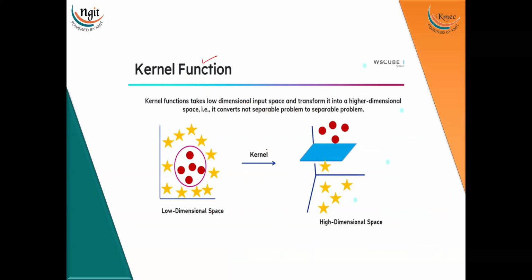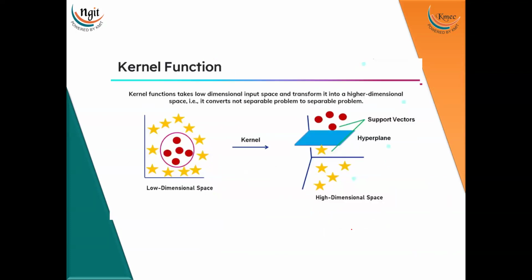When we make use of a kernel function, it is going to be divided into a separable problem. Now this hyperplane is used to make it a separable problem. So this will become a high dimensional space. Here we say that this is a hyperplane, and the points touching this hyperplane we generally call the support vectors.